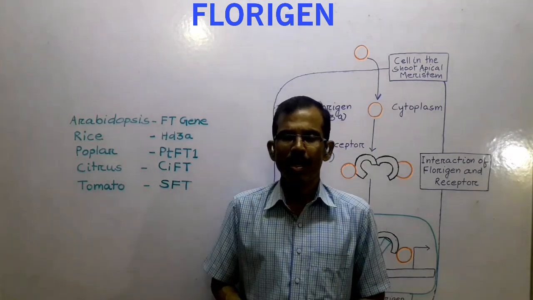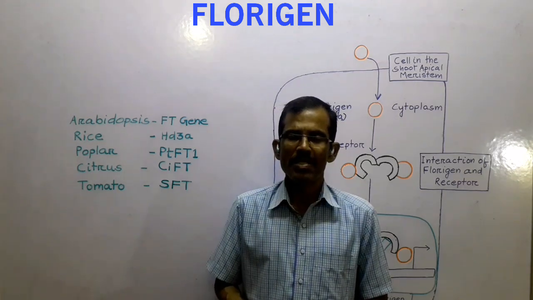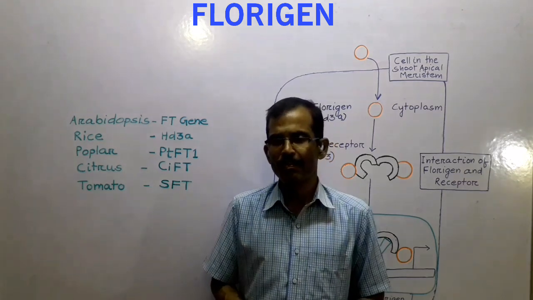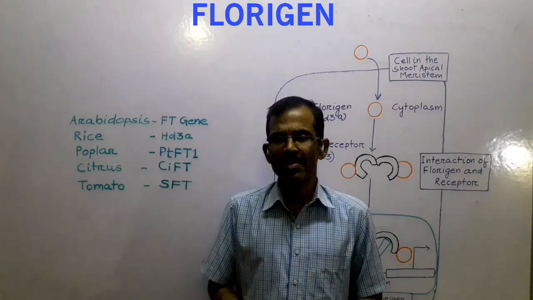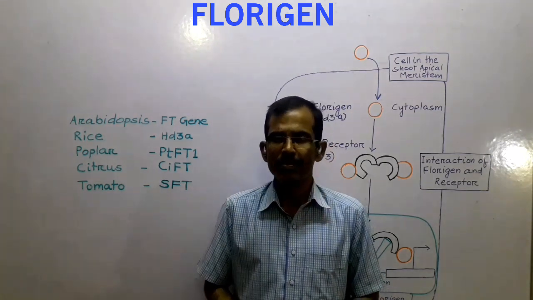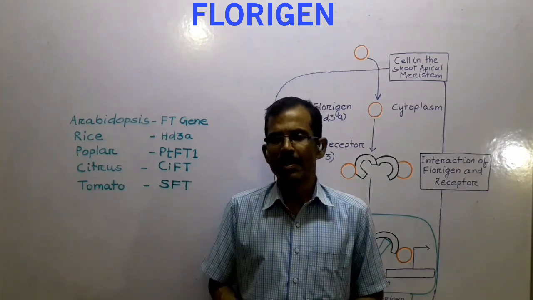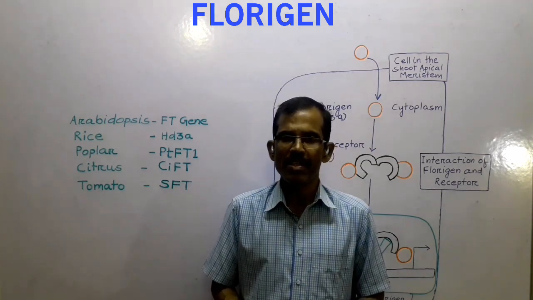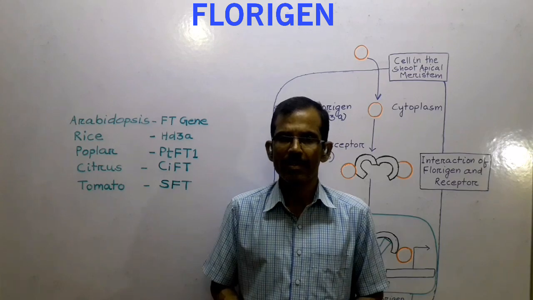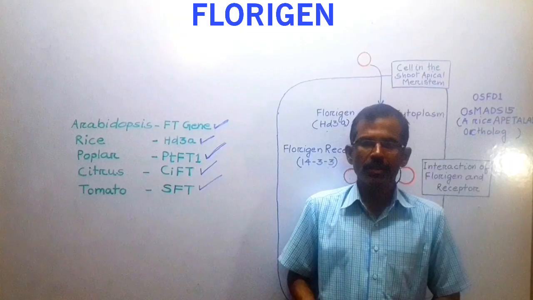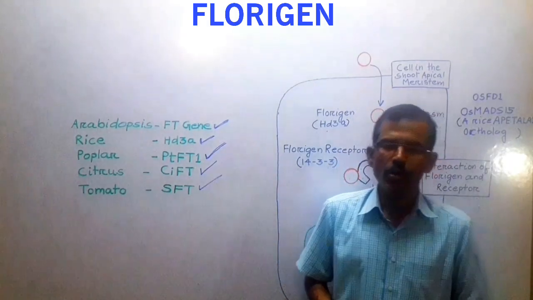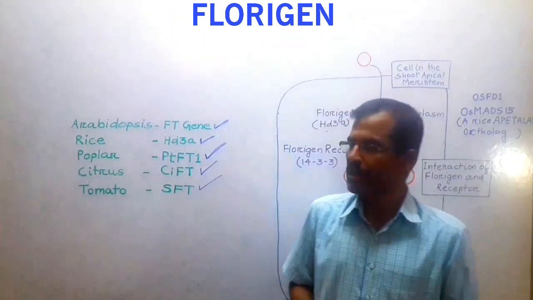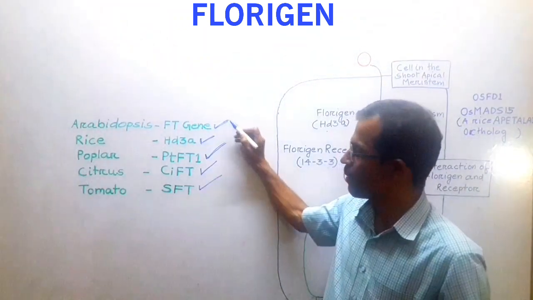It is a globular protein that is expressed in phloem of the leaf. After its synthesis in phloem of the leaf, it is translocated to the shoot apical meristem where it initiates flowering. In Arabidopsis, Florigen is encoded by Flowering Locus T, or FT gene.